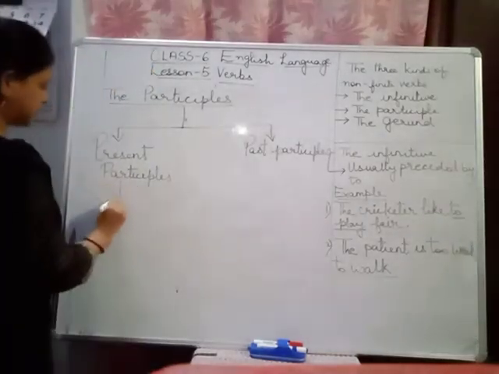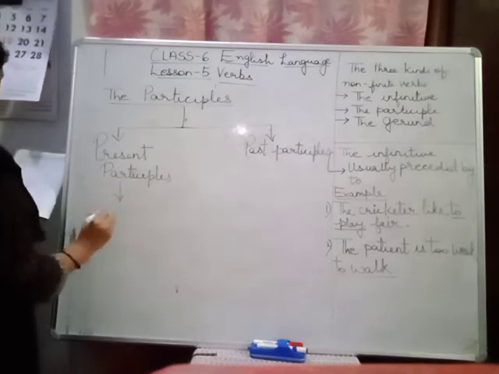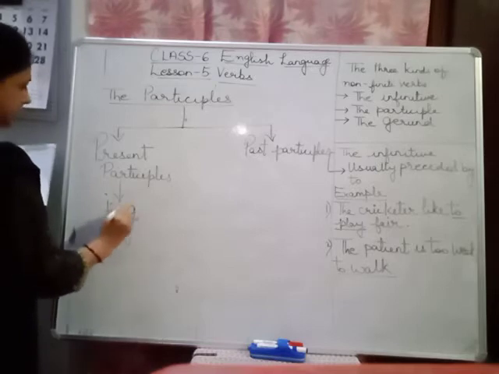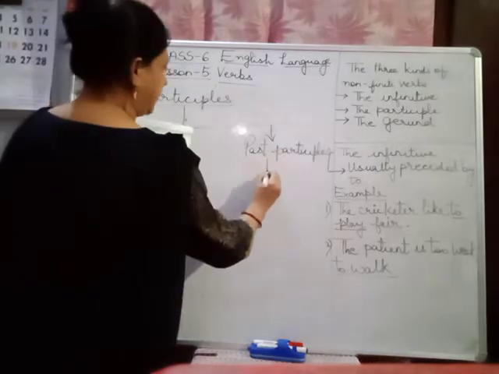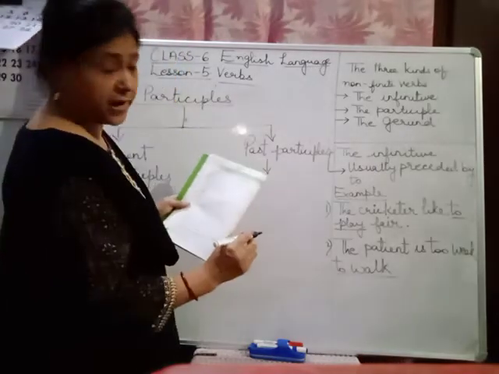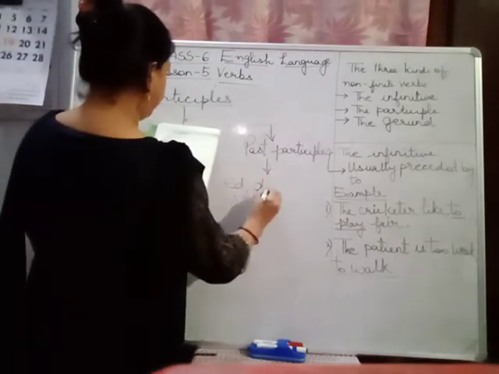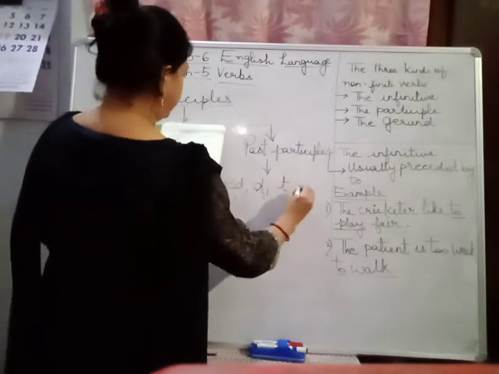In the present participle, we see it is ending with ing. But the past participle is ending with ed, d, t, en.